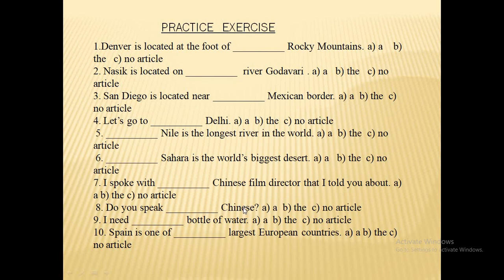I need a bottle of water. Indefinite article, a bottle of water. Spain is one of the largest European countries. Why? Because it's a superlative degree. So I hope with this exercise, articles are clear to you. Thank you.